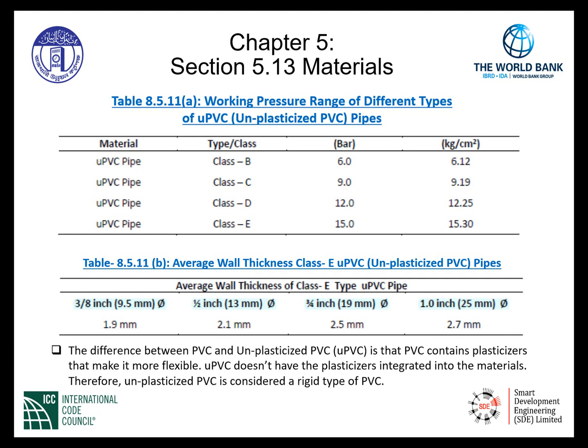And finally, 25 millimeter diameter gives us a wall thickness of 2.7 millimeters.